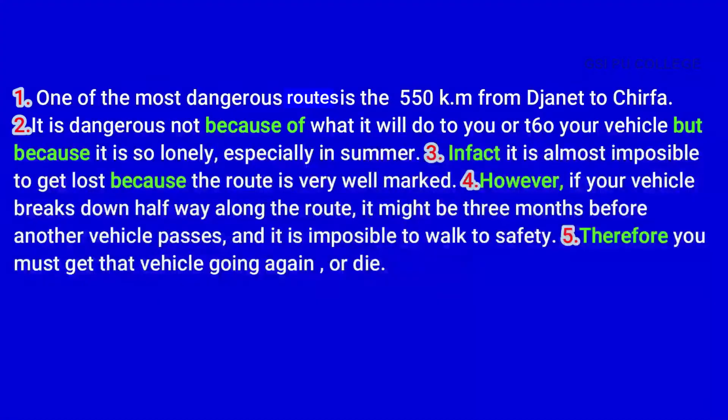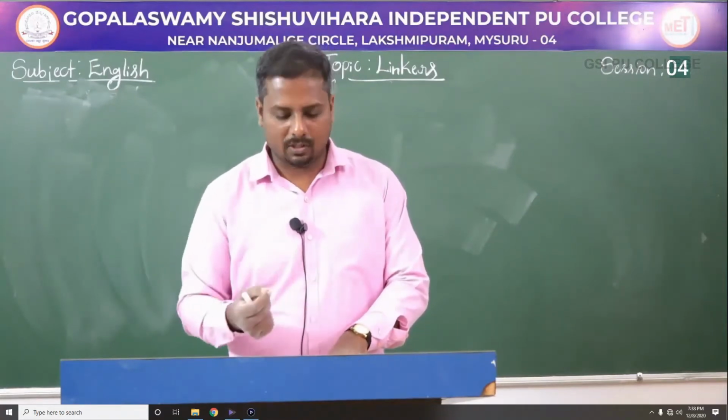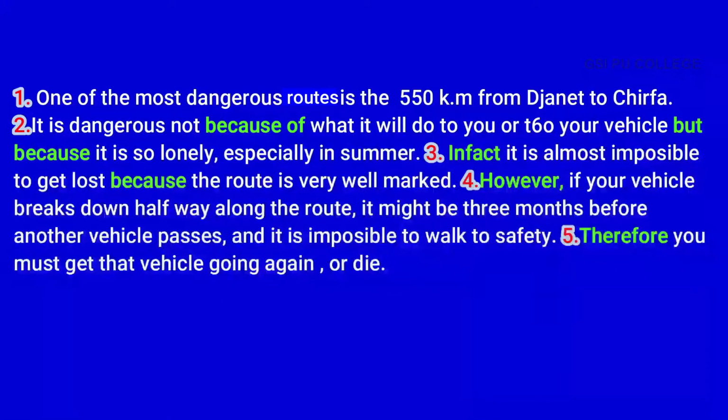It is dangerous not because of what it will do to you or to your vehicle. And again you have the linker but. But is a transitional word which gives the right reason after another reason which is not as important as the second has been cited.